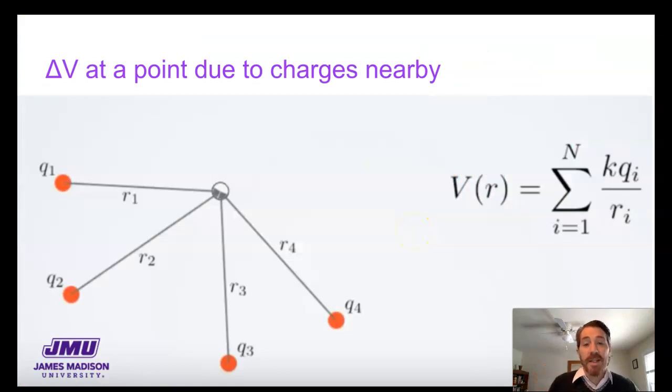In order to calculate the electric potential at a specific point in space, you would find the electric potential due to charge 1 and due to charge 2 and due to charge 3 and due to charge 4 and add them all together. This is even easier than when you were trying to do this with potential energies, because the equation is just K times Q1 divided by R. So for example, if I gave you this point here, what you would need to know to calculate the potential there is the value of each of these Q's and each of these R's.